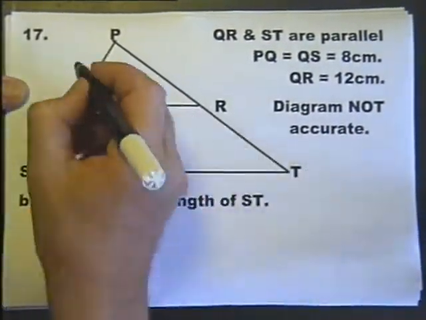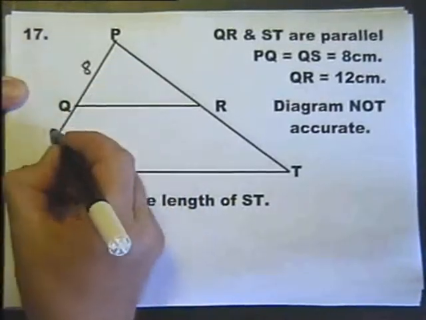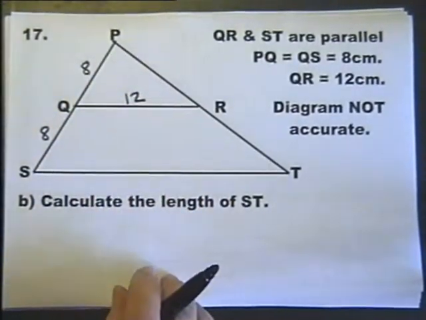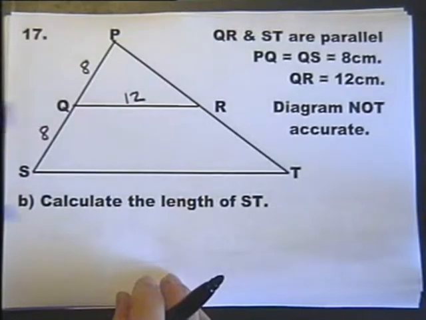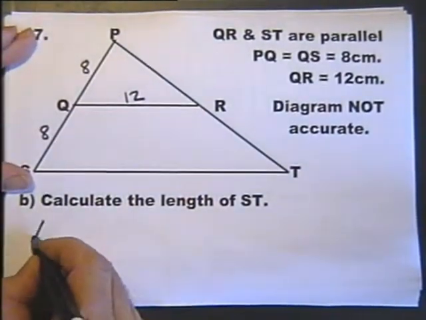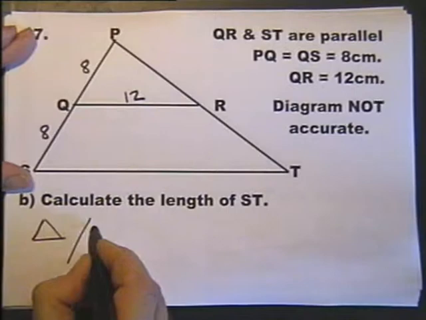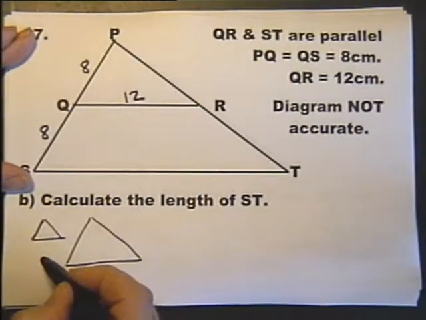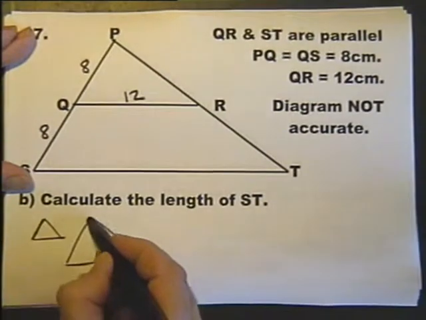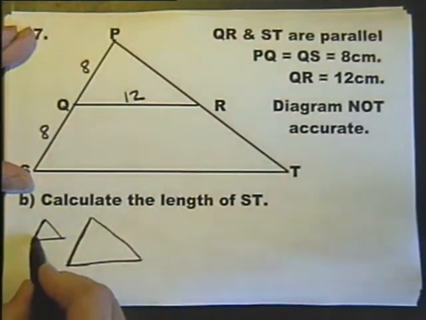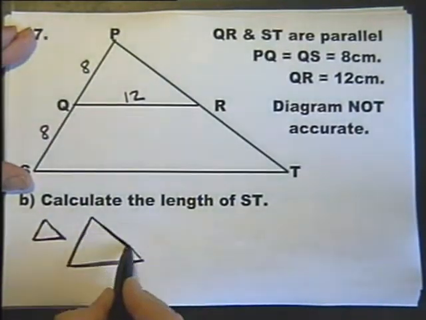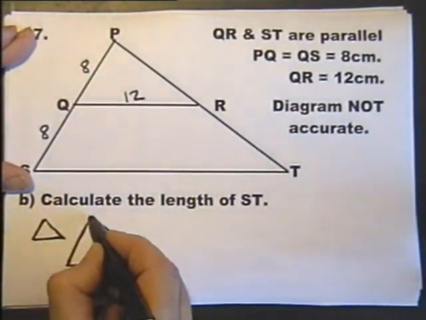And here we have the same diagram, done again so I'm not getting in too much of a cramped state. Calculate the length of ST. Looking at the two separate triangles, because we've now proved they're similar, the sides are in ratio. So let's look at these two sides.